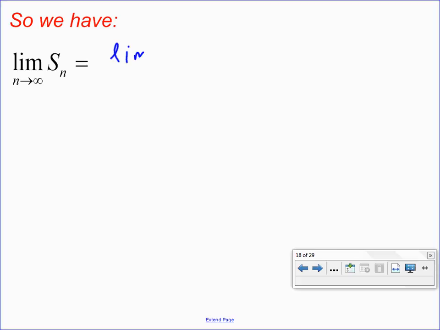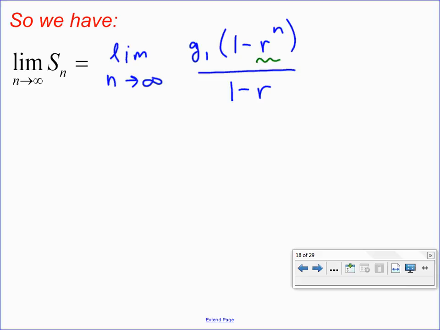We've got our limit as n goes to infinity of g sub 1 times quantity 1 minus r all to the n over quantity 1 minus r. We know the limit of a constant is the constant. And so if we were to apply our limit laws and break this up into products and sums and differences, what's going to hinge on is this value of r. As I repeatedly multiply that ratio r by itself as n goes to infinity, we've got two separate cases here.